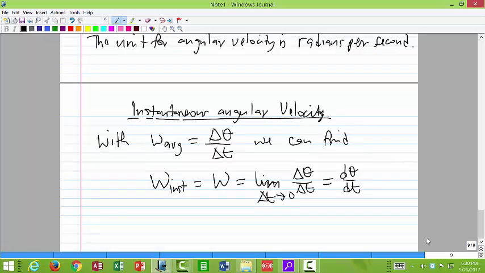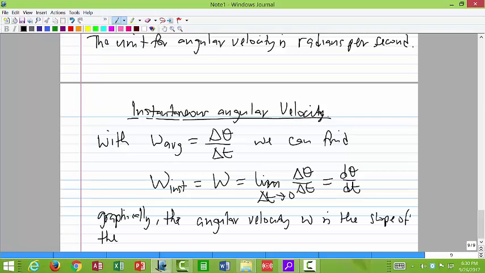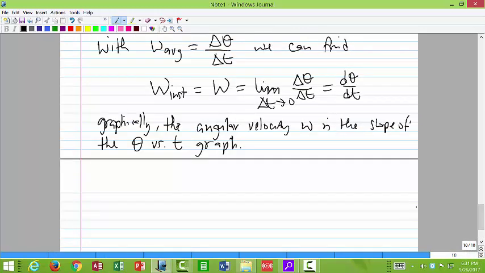Graphically, the angular velocity is just a slope. This is the slope of the theta versus time graph. Just like we had for linear motion, velocity is the slope of the position-time graph. In the same way, angular velocity is the slope of the angular position versus time graph. So we see that omega is equal to delta theta over delta t, and delta theta is equal to theta final minus theta initial.